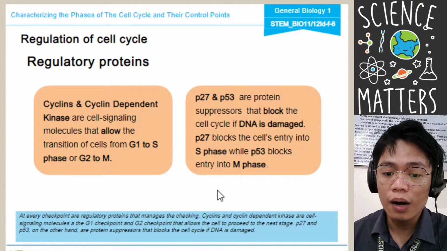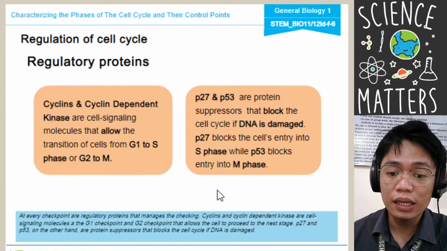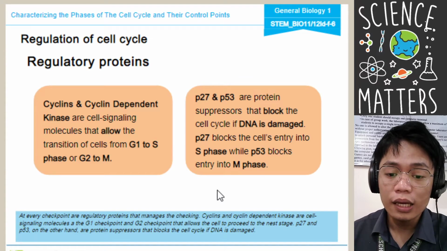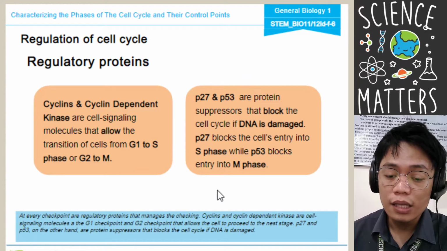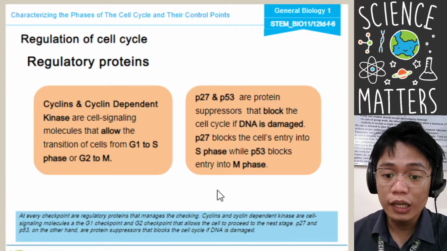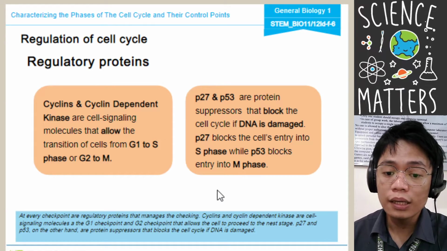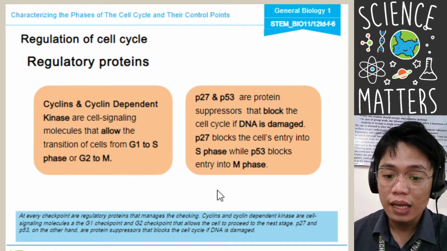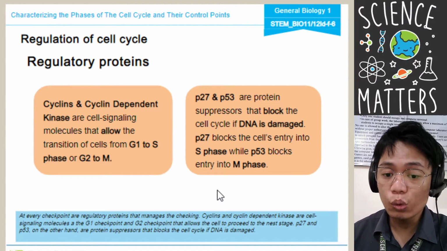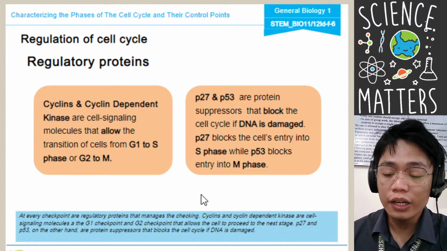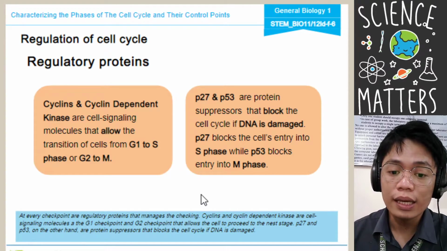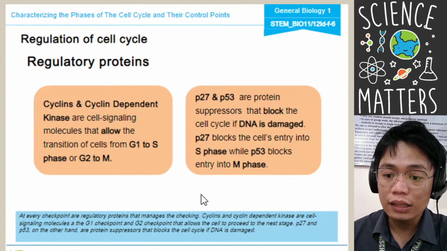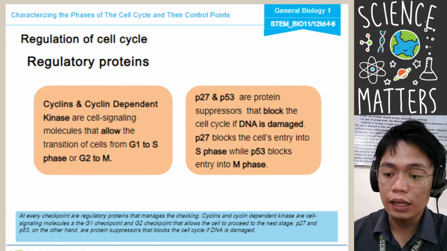Kapag kasi halimbawa yung proteins na yan ay hindi nag-inhibit doon sa pag-reproduce ng cell, it may cause cell mutation at pwedeng maging ang magiging resulta nito magiging cancer cell yung cell na dapat sana ay ma-reproduce into two identical cells. So, regulatory proteins are very necessary in regulating the cell cycle.